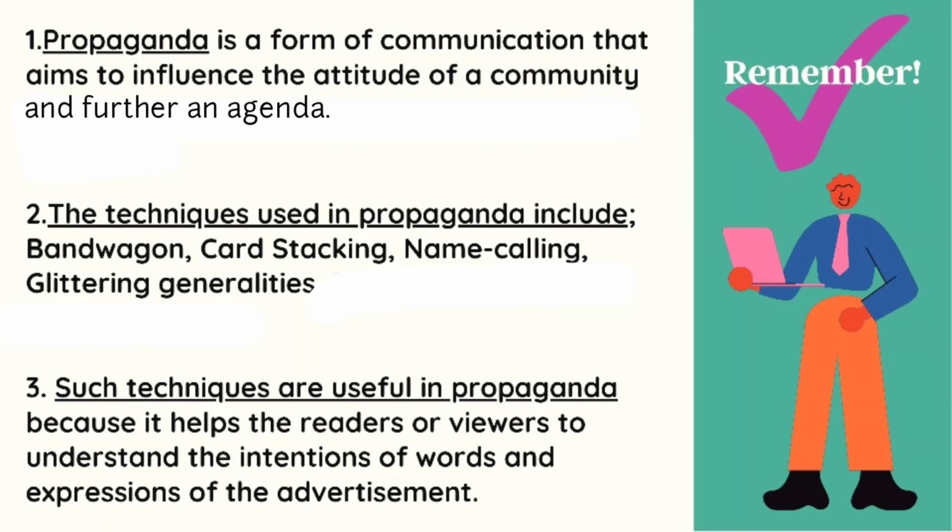Propaganda is a form of communication that aims to influence the attitude of the community and further an agenda. The techniques used in propaganda include bandwagon, card stacking, name-calling, glittering generalities. Such techniques are useful in propaganda because they help the readers or viewers understand the intention of words and expressions of the advertisement.